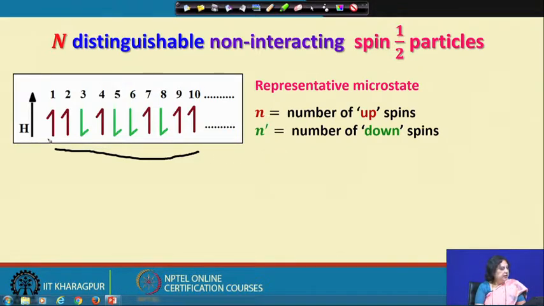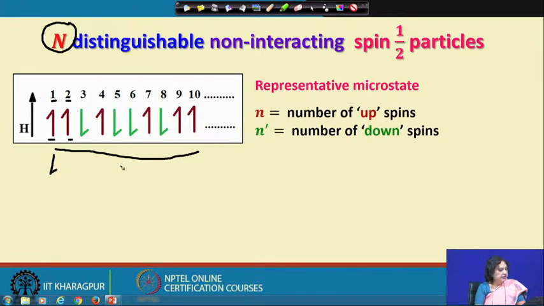That is because each of them carries a different label attached to it. So, how many such spins are present? Capital N such spins are present. I have only shown a few. Now, depending on the direction of the applied field, a particular spin can have an up spin, or in some other microstate it can have a down spin where it is oriented antiparallel to the applied field.